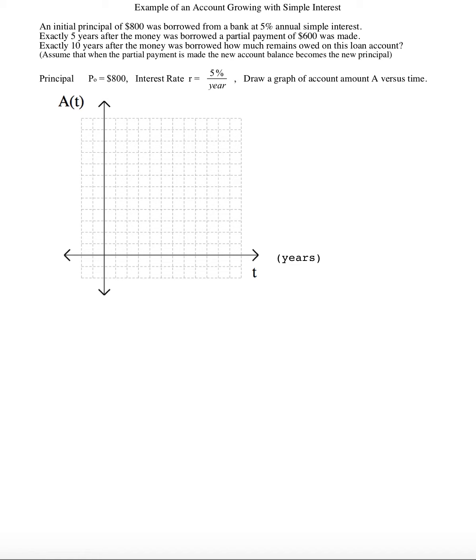When the partial payment is made, let the new account balance become the new principal. Alright, so we want to number our axes here. We're starting off with $800 in the account initially. That's the principal.